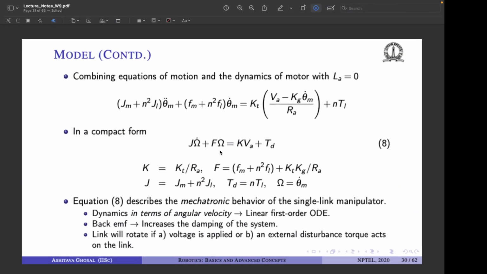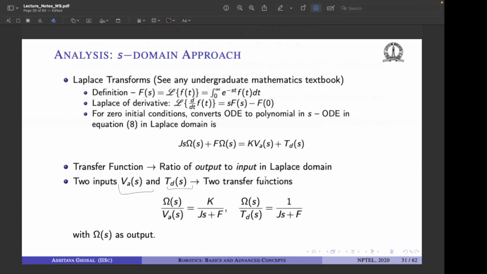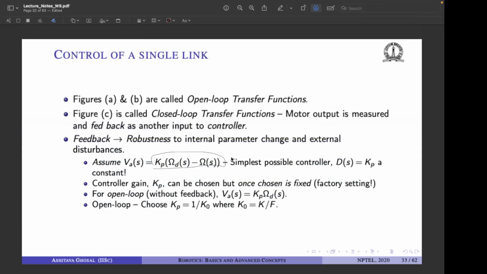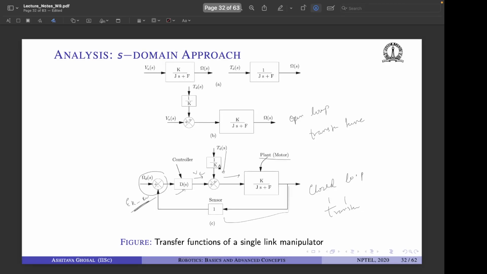K0 is Kt by Ra, and this we discussed here. Open loop without feedback, VA is Kp times the desired, and then Kp is chosen to be 1 by K0, where K0 is K by F.